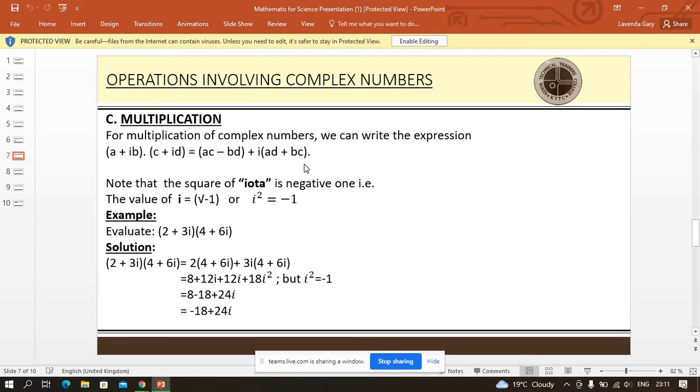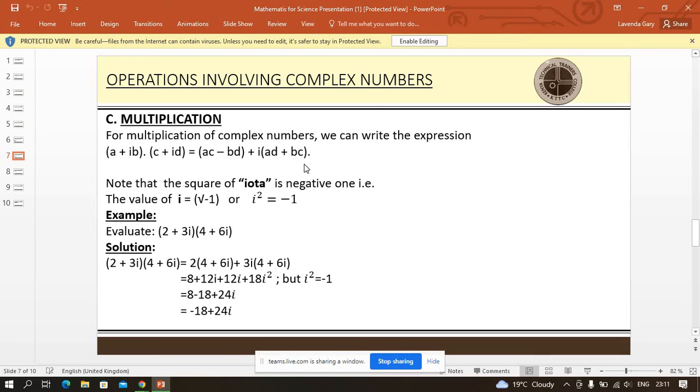I hope up to now you understand what i is. Vivian, what is i? For a reminder, so that we can move together. i is the complex number.